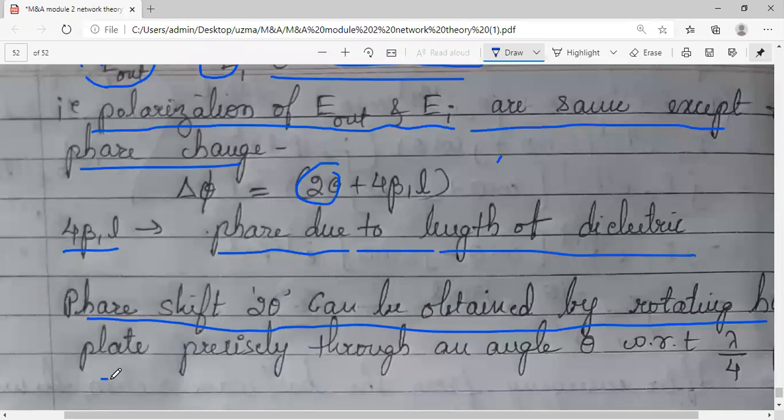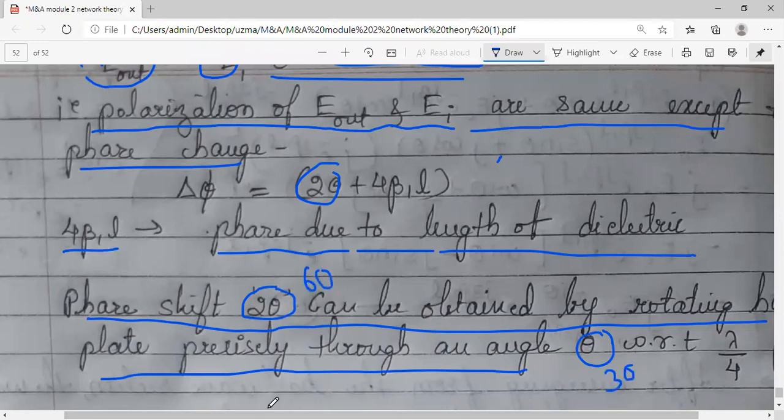If you rotate it precisely through an angle theta, you will get the phase shift 2 theta. Suppose you take the angle of 30 degrees here, you will get a phase shift of 60 degrees. So it is a precision phase shifter. You can get whatever desired value of phase shift just by adjusting this angle theta. Whatever theta you adjust, the phase shift will be double that value.